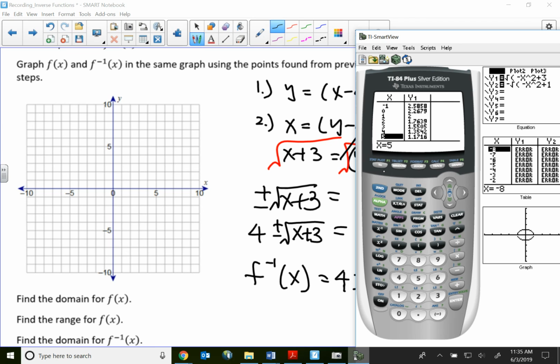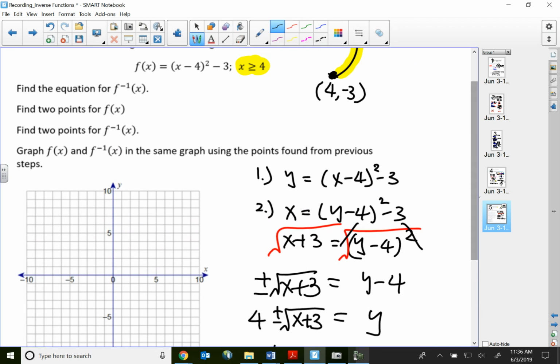So, if I put the two pictures together, 4 plus square root of x plus 3, which one are we going to look at? Got to be the top one, because it was x greater than or equal to 4.